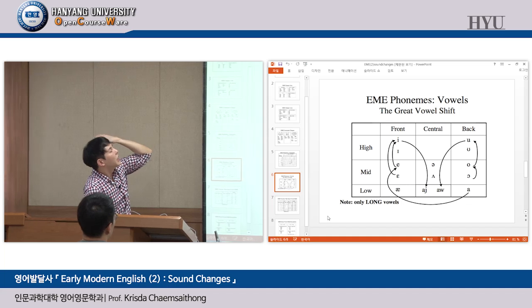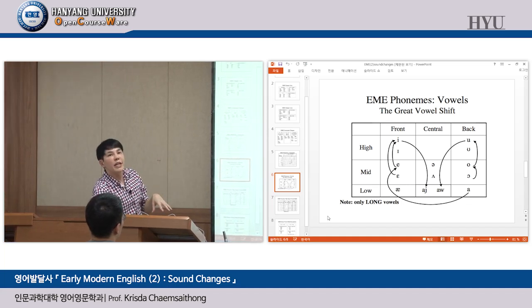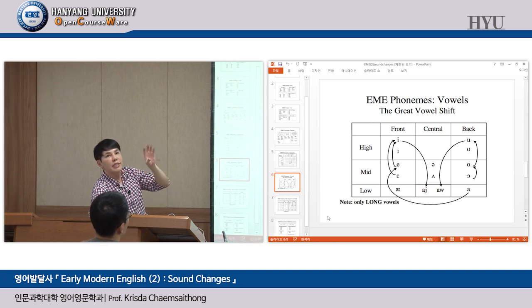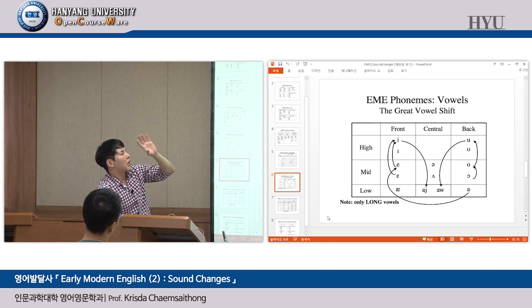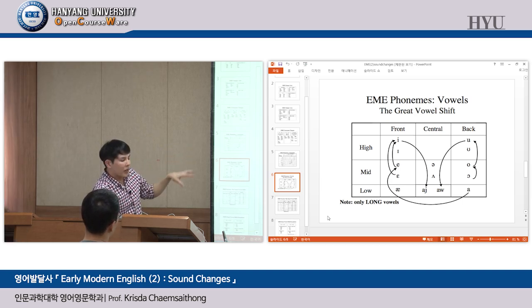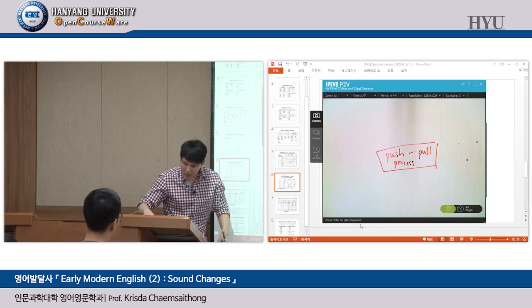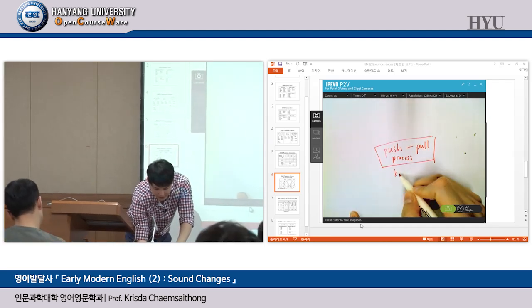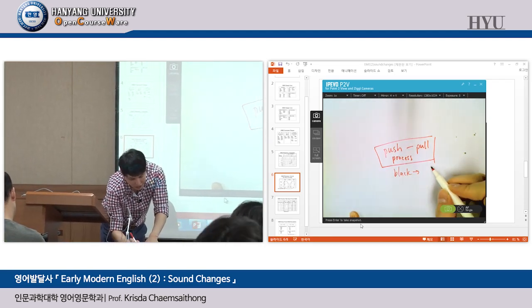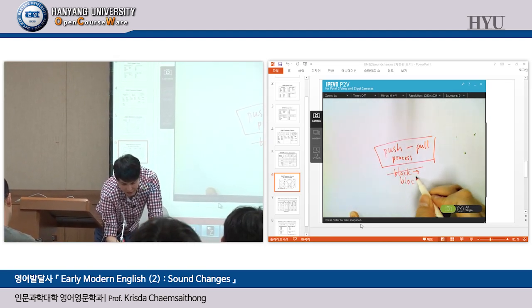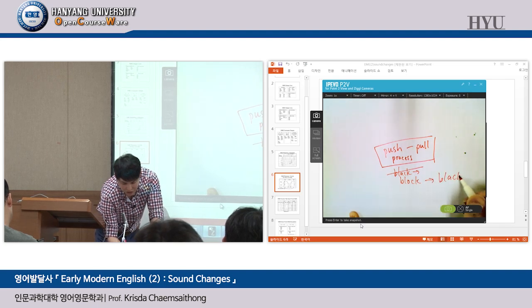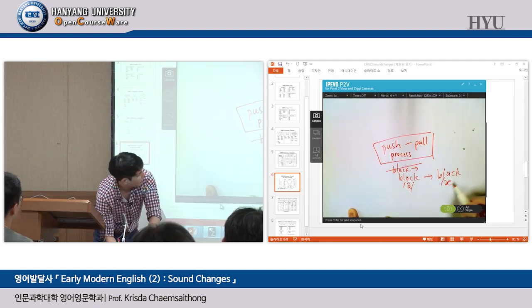And nowadays, in some dialects of American English, especially in the northern cities like Chicago and Wisconsin, vowels are still moving. People pronounce words like black as block, and block as black.